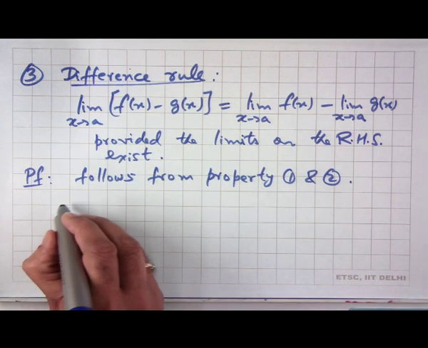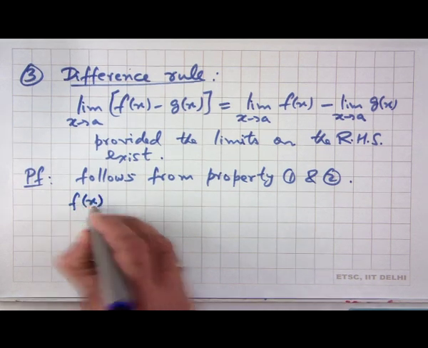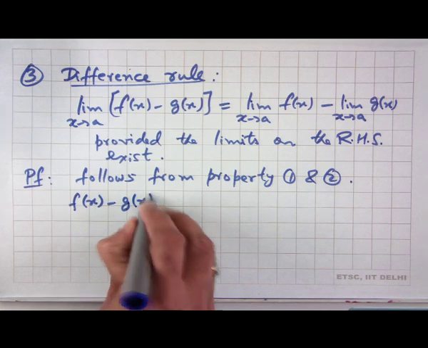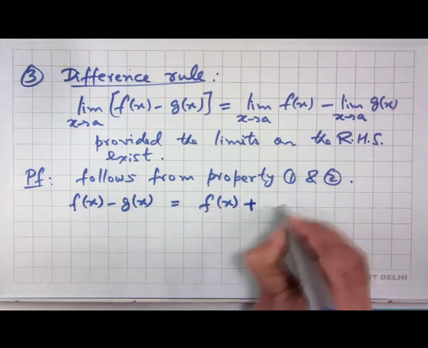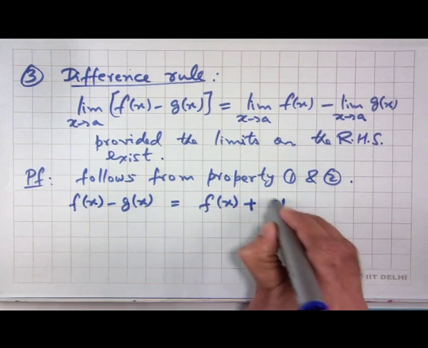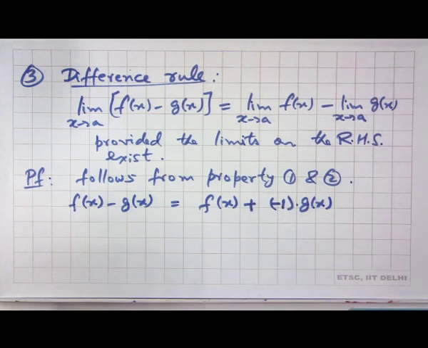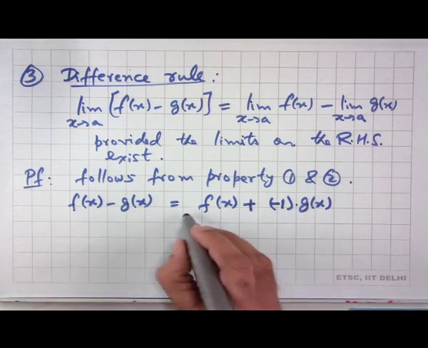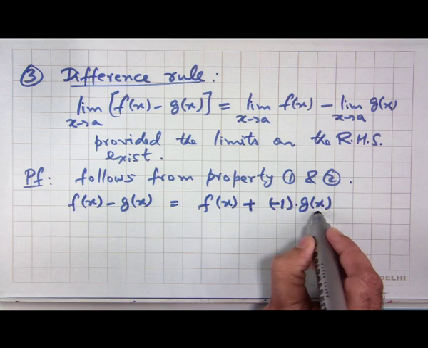But let me show that this actually follows from 1 and 2. We have f x minus g x; you simply write this as f x plus the constant minus 1 times g of x. So, now we have the sum of two functions, f x and minus 1 times g of x.